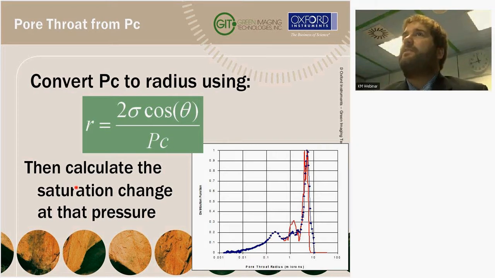We measure the saturation change at that pressure because we have lots of data points. And we can get a curve, which will be the pore throat distribution. Compared to mercury in this case, it correlates very well. Obviously, mercury can take us down to smaller pore throats, but we have a very good indication of pore throat. I mentioned that as something a little bit unique to this technique, that extra information.